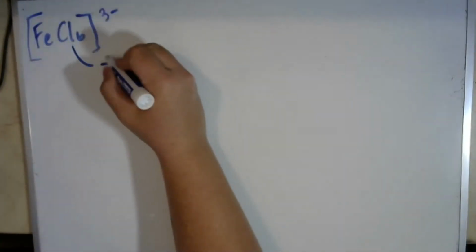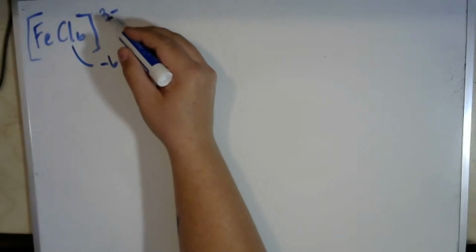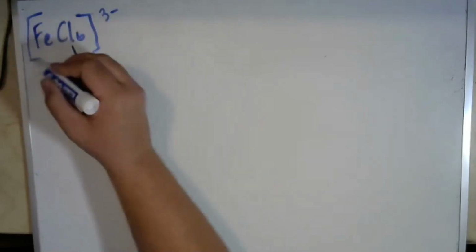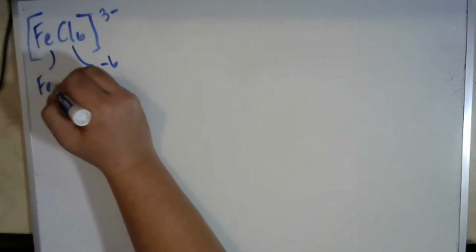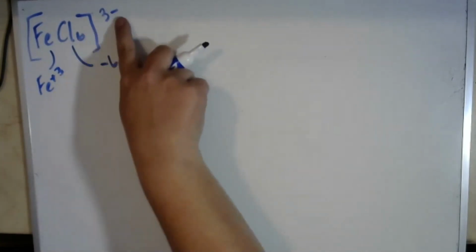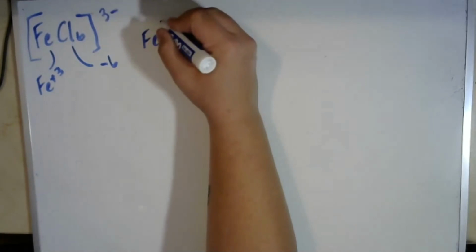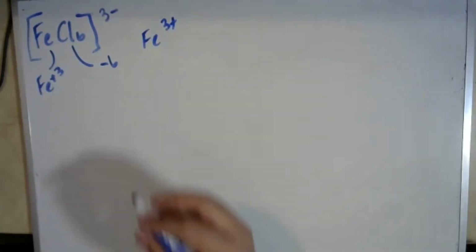I have 6 chlorines. That's going to be a -6. I have a -3 charge overall. That means that iron is going to have to be a +3, right? Because +3 and -6 equals -3. So I have to find the electron configuration for the Fe3+ ion.